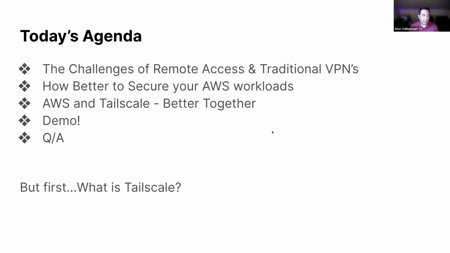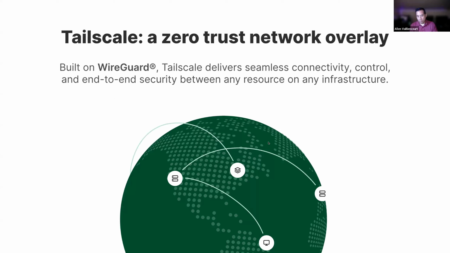So this is fantastic. So let's talk about, for those that might not have secured workloads yet with AWS, what is Tailscale, just a high level discussion on that. And then we'll dig into some of the meat of it. So what Tailscale is, it is a zero trust layer 3 network overlay. Built upon WireGuard.